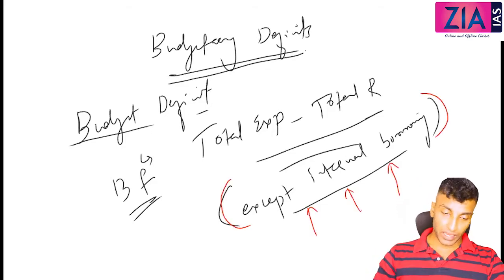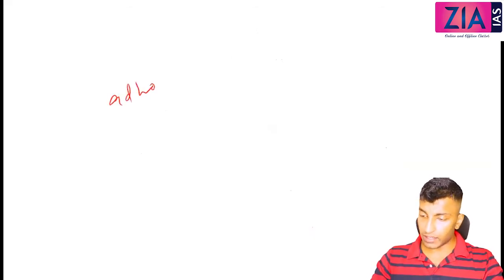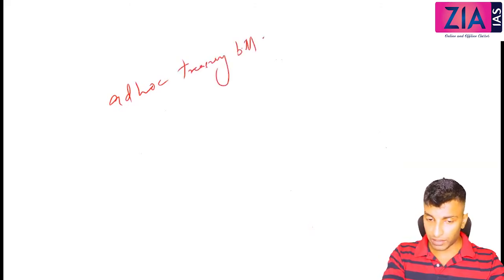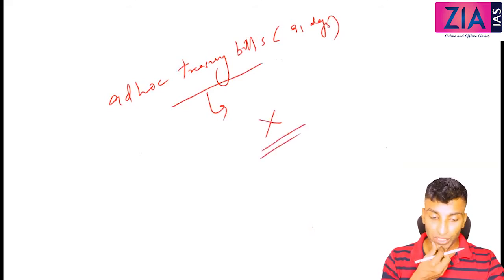So here you write total expenditure minus total receipts. See, earlier there was a concept of ad hoc treasury bills for 91 days. So this is basically what you mean by the internal borrowings from RBI, and now it is abolished.